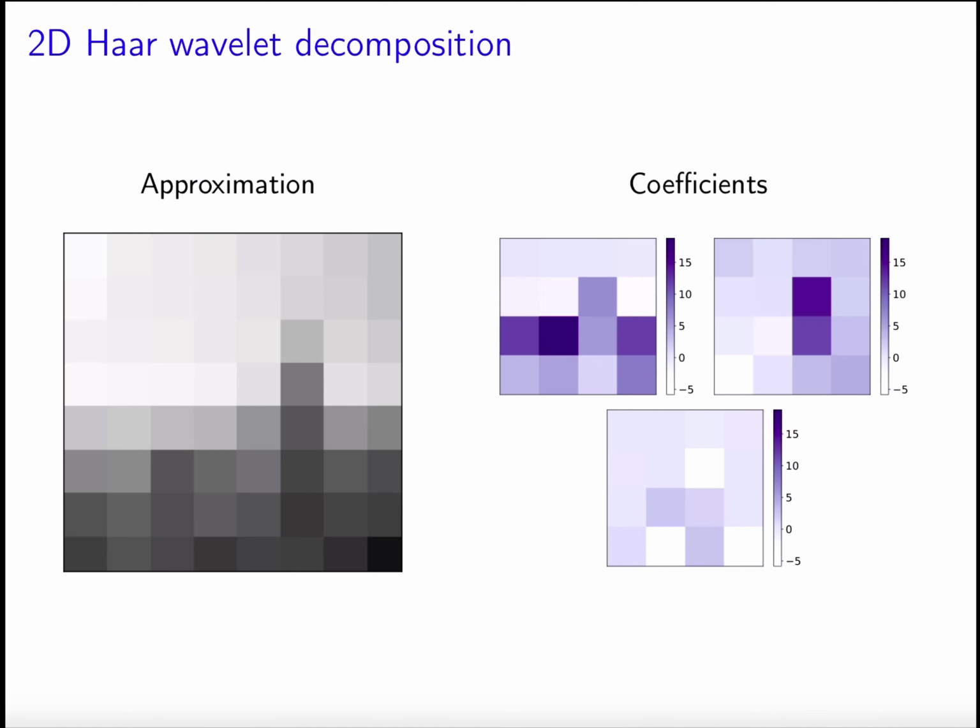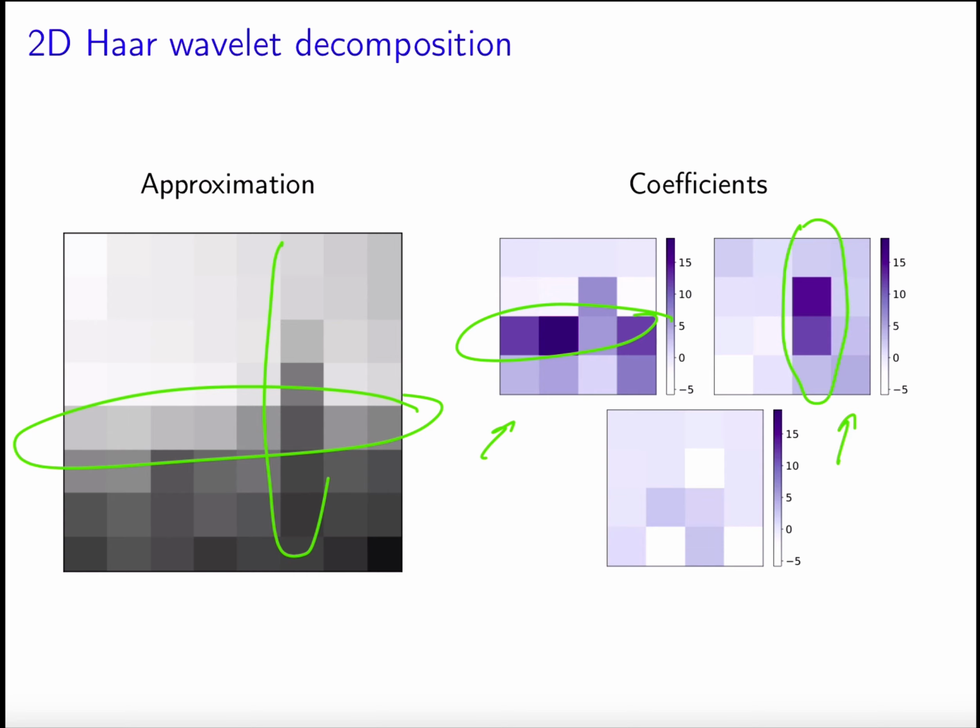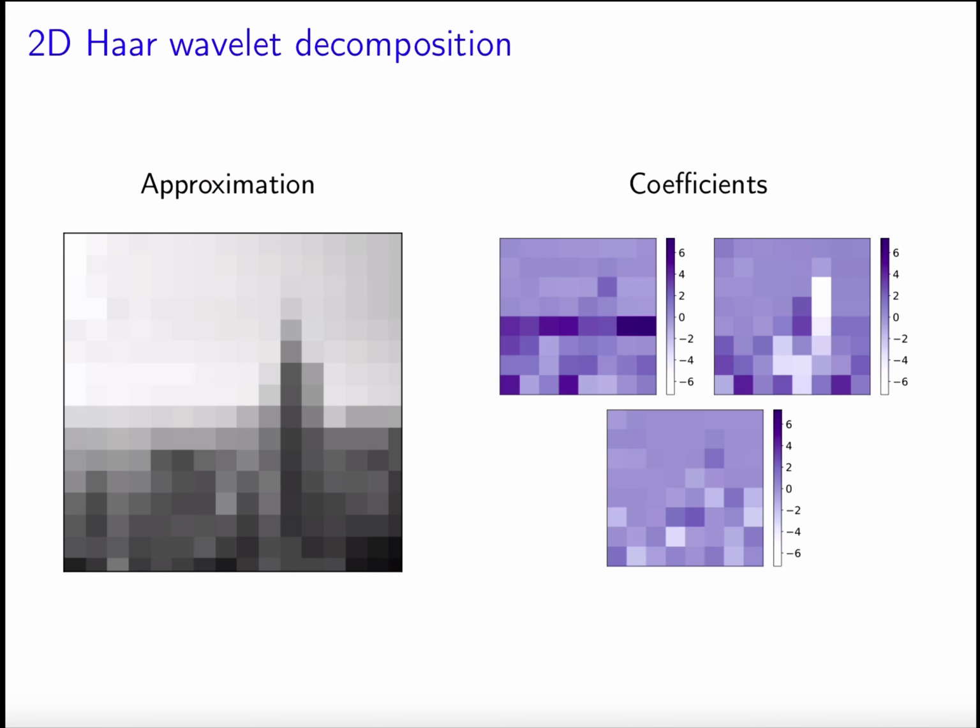These ones capture more horizontal structure, and these capture more vertical structure. So this is basically telling us that a lot is going on in this direction here, whereas if we look at vertical changes, they're happening here, which is where we have the Empire State Building. Again, that's what we see here also. Here and here is where the stuff is going on at this resolution.